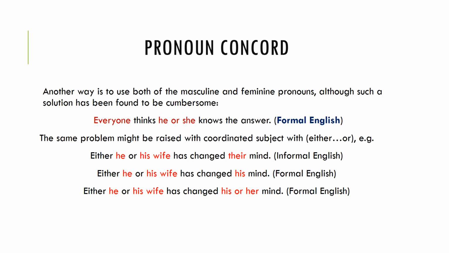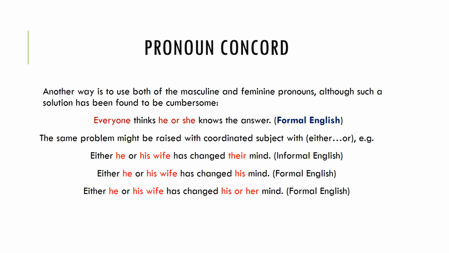However, this solution might not be acceptable to all people, especially females. That's why grammarians have come up with another solution, which is using both the masculine and the feminine pronouns together. So the new form of the sentence becomes: everyone thinks he or she knows the answer.